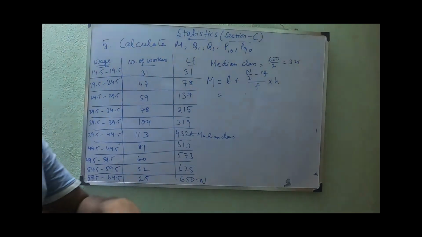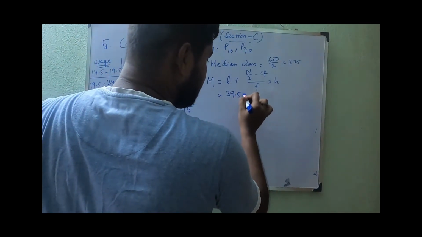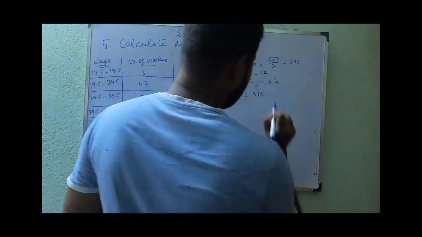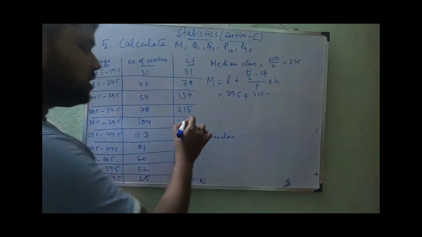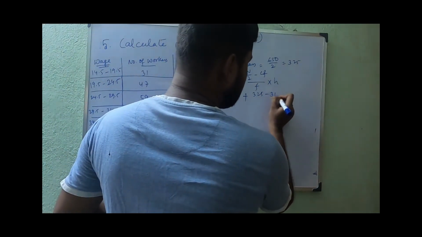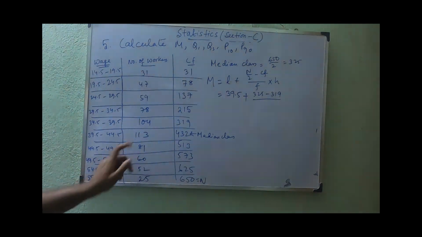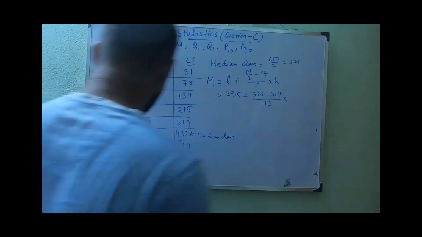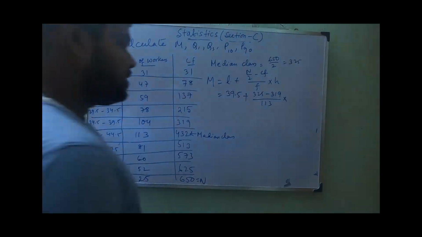L is the lower limit of the median class, so this is 39.5. 39.5 plus N by 2, which is 325, minus the cumulative frequency of the previous class, 319, divided by the frequency of the median class, that is 113, into the class width, which is 5.